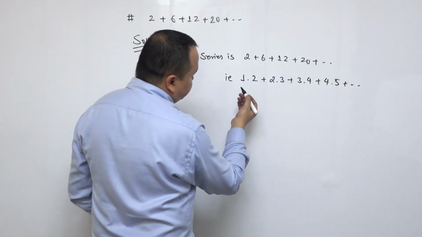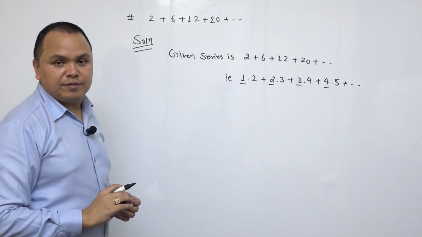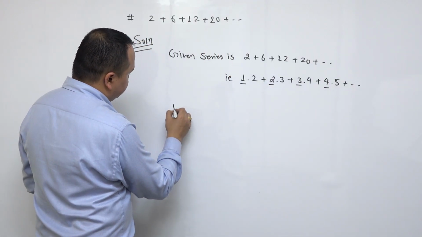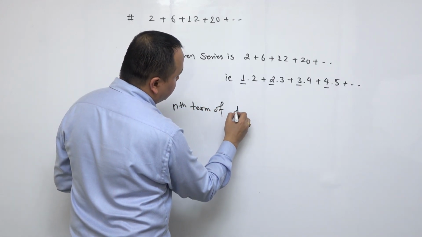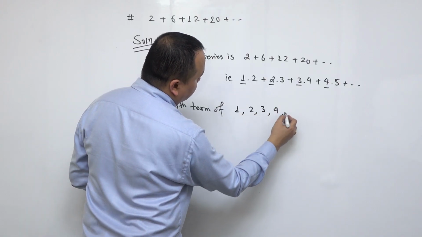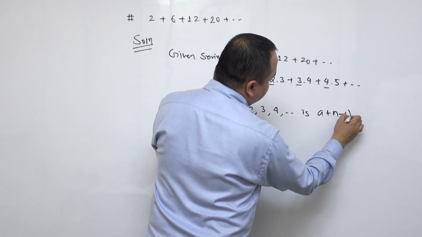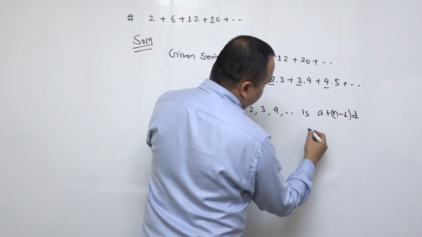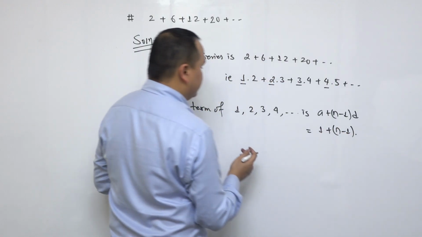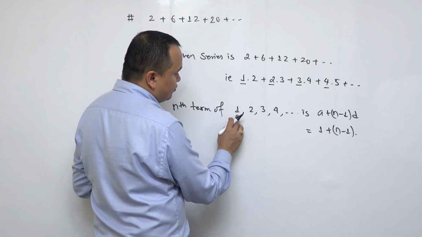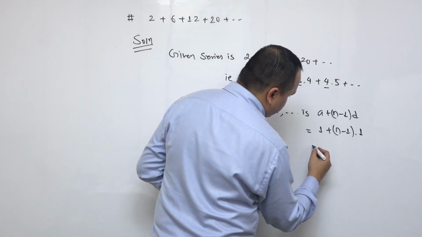Here, if we take 1, 2, 3, 4, then it becomes an AP. So the nth term of 1, 2, 3, 4 is again the formula a plus (n minus 1) times d, which is 1 plus (n minus 1) times d. Our common difference, 2 minus 1, 3 minus 2, 4 minus 3, is always 1. So this is n.